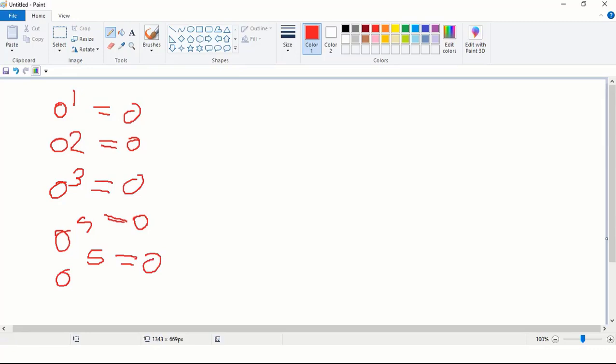So 0 power anything answer will be 0 only, hence the last digit of the expression is also 0. We know very well 0 power anything answer is 0, so the last digit of the answer also will be 0.